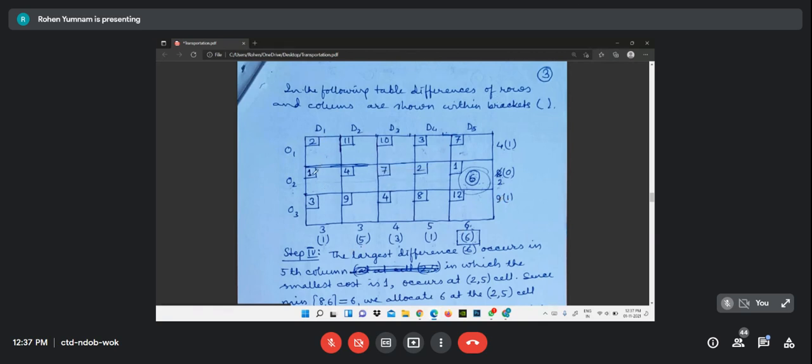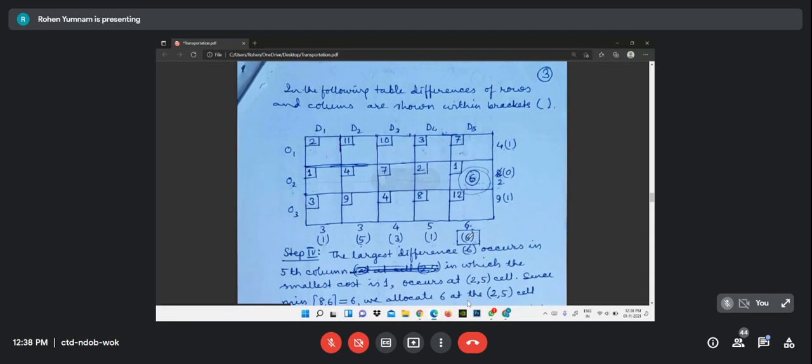Likewise in columns, take the first minimum and second minimum: the difference is 1, then 5, then for first minimum 4 and second minimum 7 the difference is 3, for 2 and 3 the difference is 1, and for first minimum 1 and second minimum 7 the difference is 6.